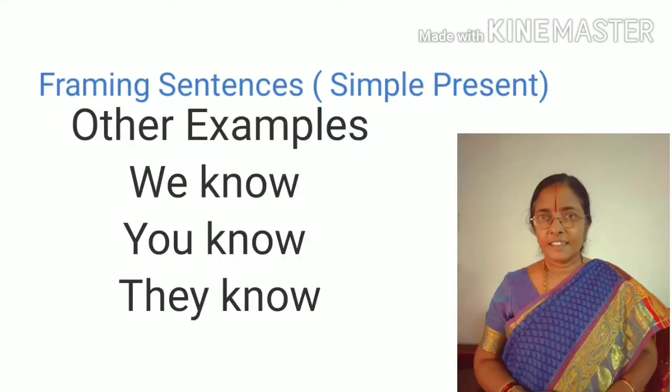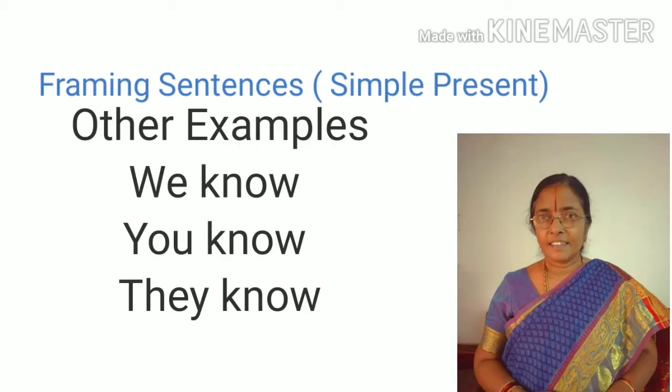The other aspect which is very important in English language is the subject which the verb follows. Let us see some more examples here. We know, you know, they know. Here we use the plural form of the first person. For you we use as singular and plural, and they is the plural form of third person.